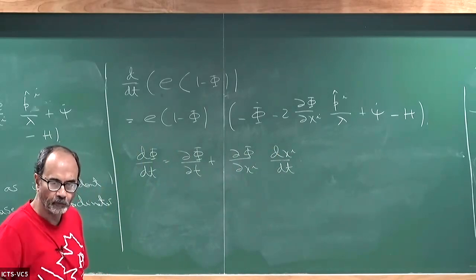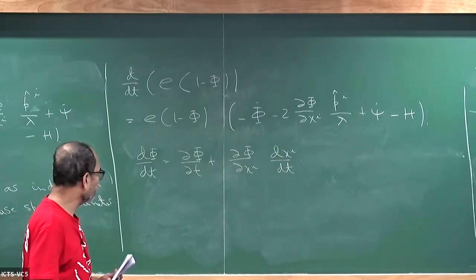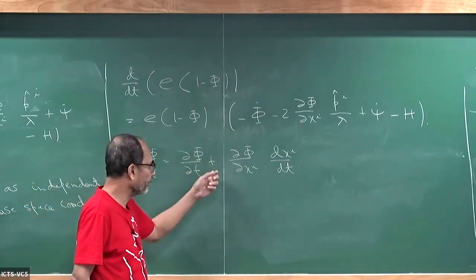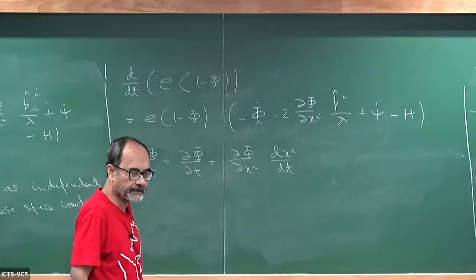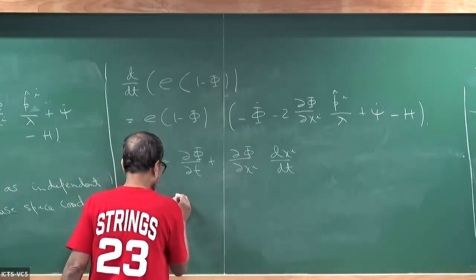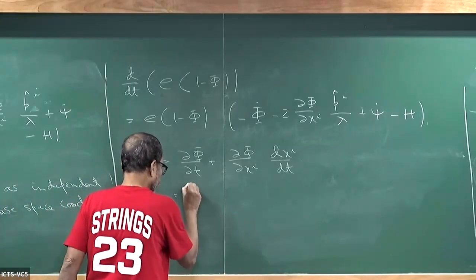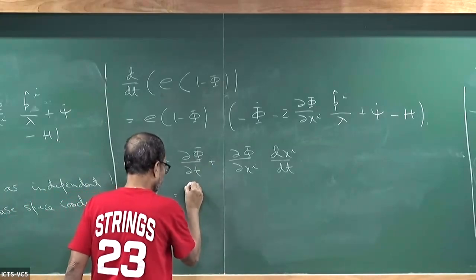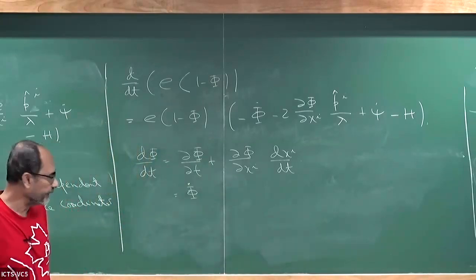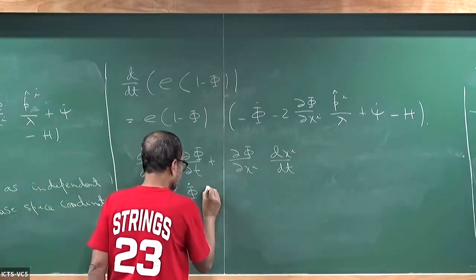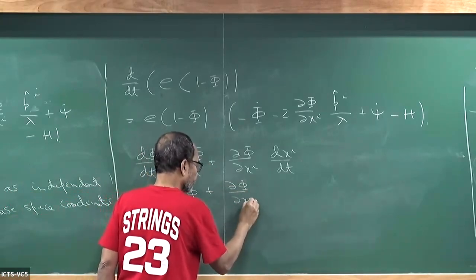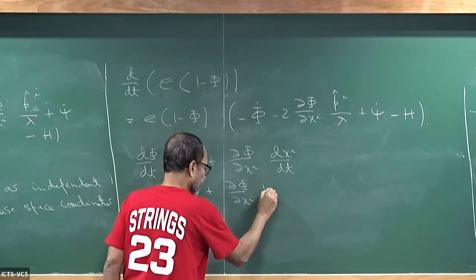As the photon is moving, there's an intrinsic change in phi, but there's also a change because the photon has moved to a different place. So this I can write as phi dot, which is what we had called phi dot, sitting at a given point and seeing how it varies. And this one is times pi.